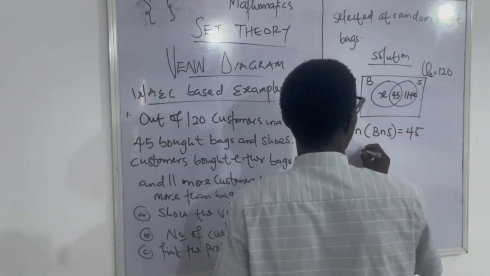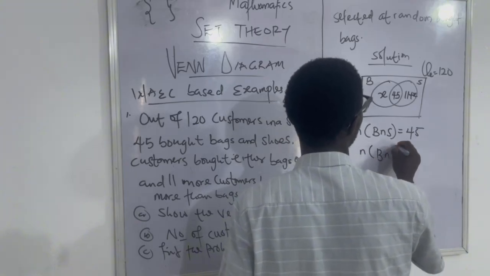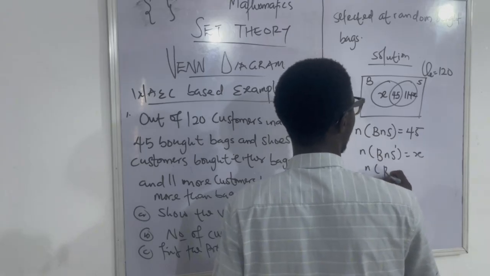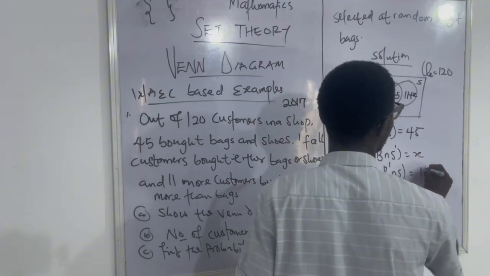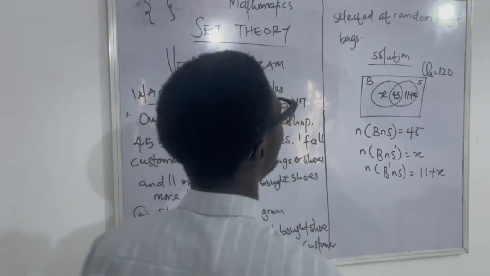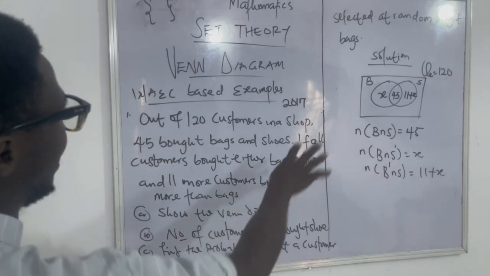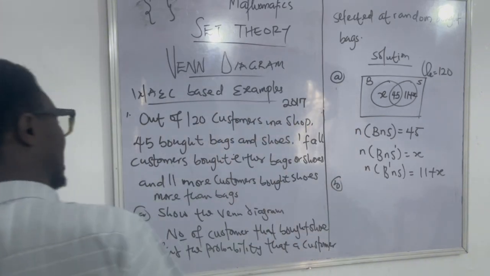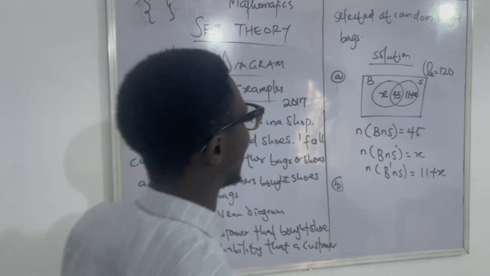That is number of bag only, intersection shoe prime, will be X. And number of bag prime intersection shoe will be 11 plus X. So what we need to do is easily simplify there. He said we should show it on a Venn diagram. We've done that. That's A. So B, he said number of customers that bought shoe is what we are calculating.